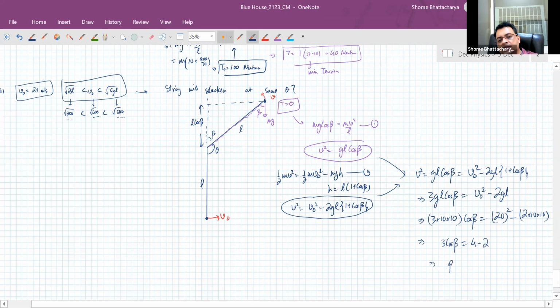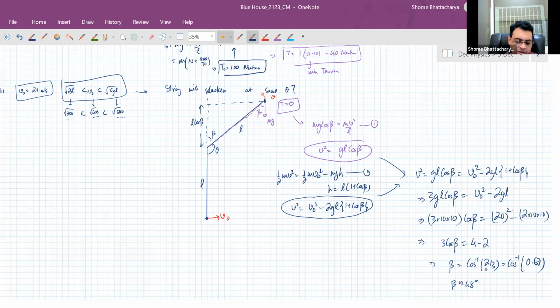So you can see that beta is cos inverse 2 by 3, or cos inverse 0.67. And if I'm not mistaken, that's about 48 degrees. Let me just check. So now you know that theta will be 180 minus this beta. So that is the angle at which the string is slackening.